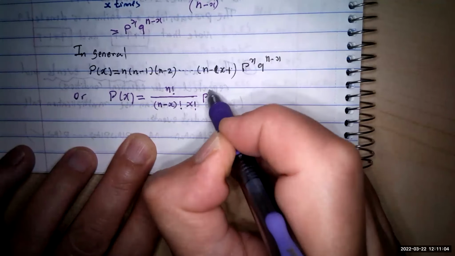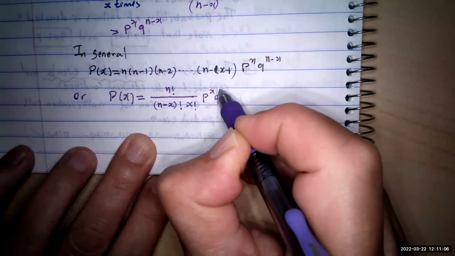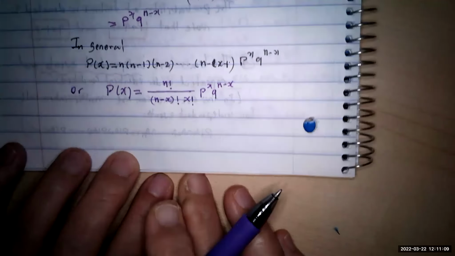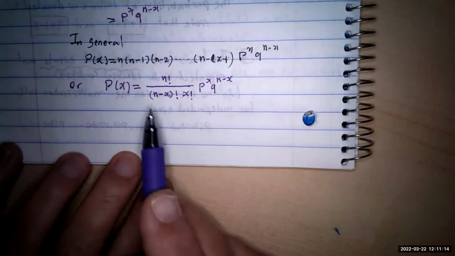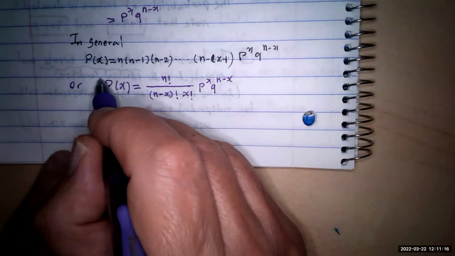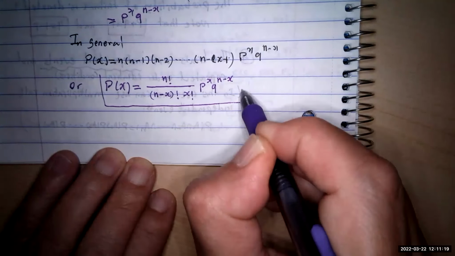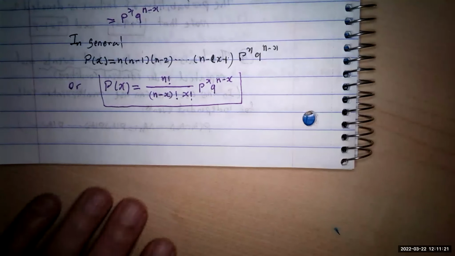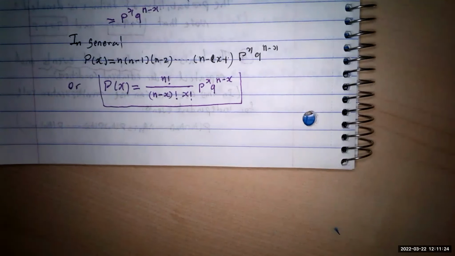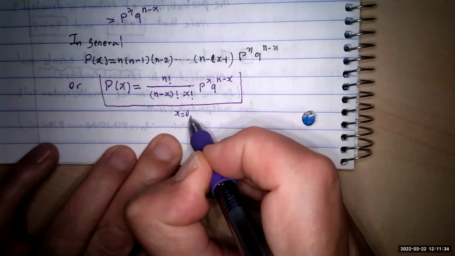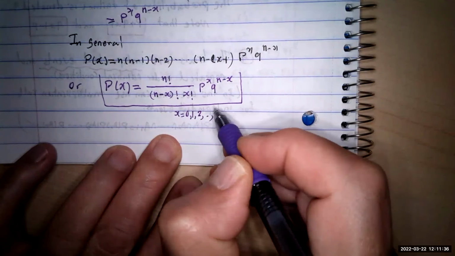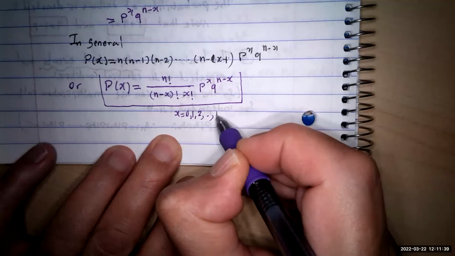And that would be P to the X, Q to the N minus X. That gives you your formula. This is the probability of getting X successes out of N trials. X is the number of successes. In this case, X can be any number between 0, 1, 2, up to N.